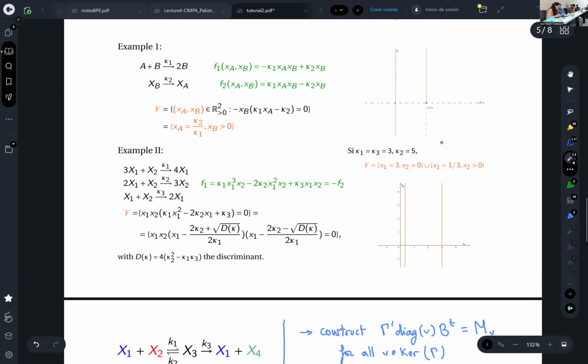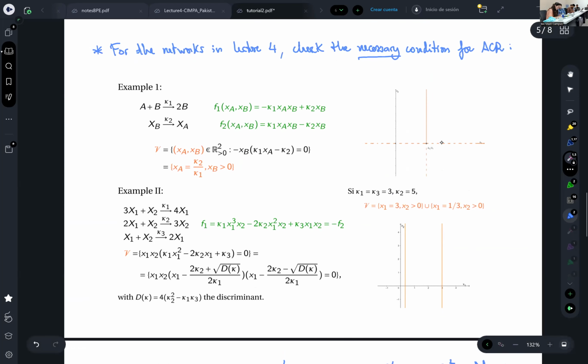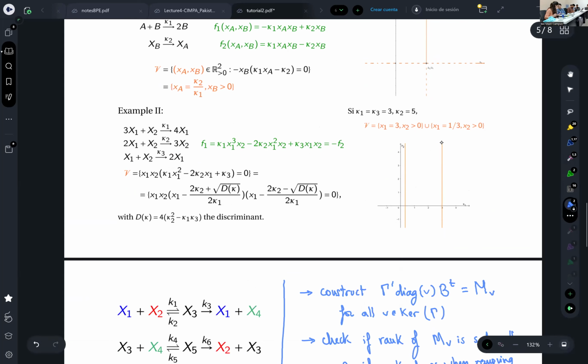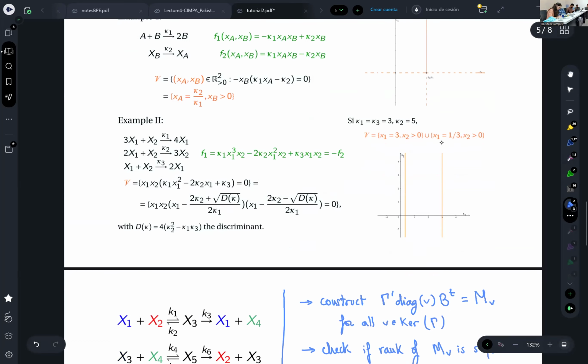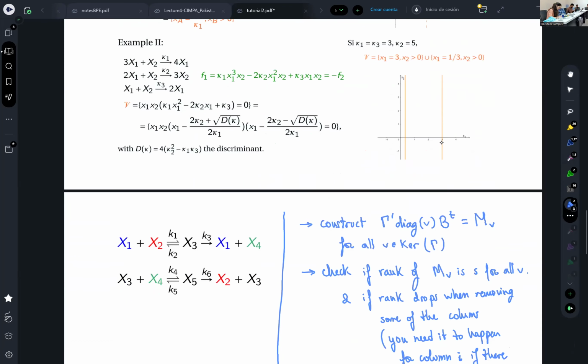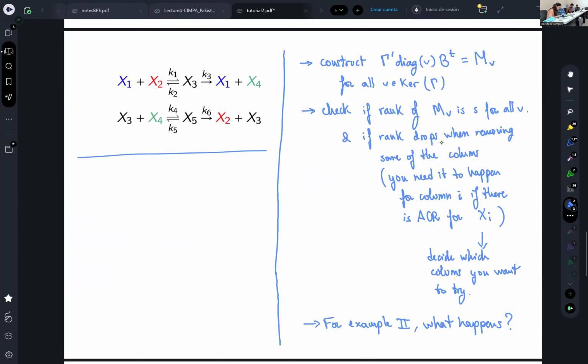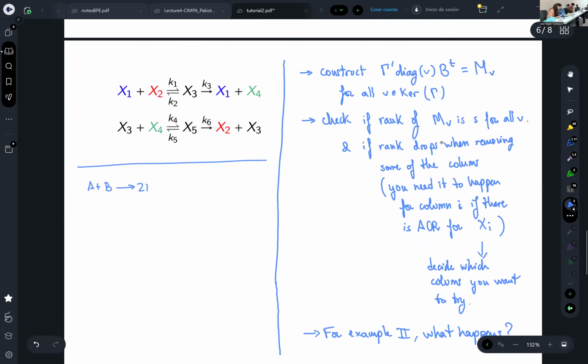So maybe I do it for the first network, since we have it. So the first network is A plus B goes to B, and then B goes to A.